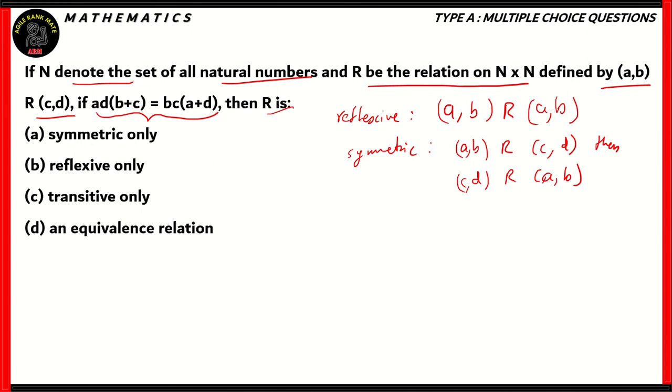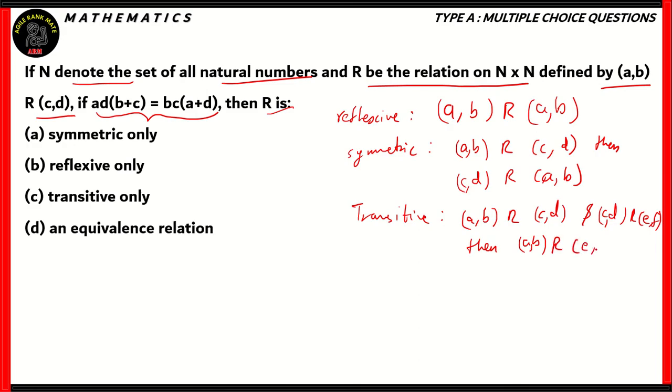And finally, transitive would be the case where if you have (A,B) related to (C,D) and (C,D) is related to (E,F), then (A,B) will also be related to (E,F).